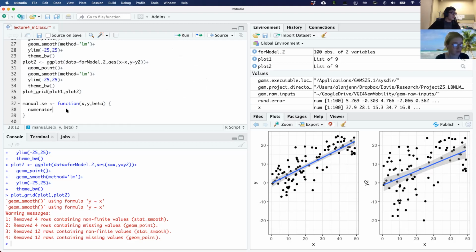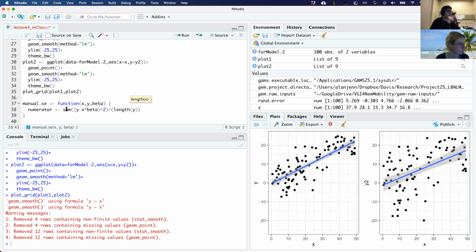So my numerator is going to be the sum of y minus x times beta. This term is equal to the y hat. And then I'm going to square this value, divided by the length of y.